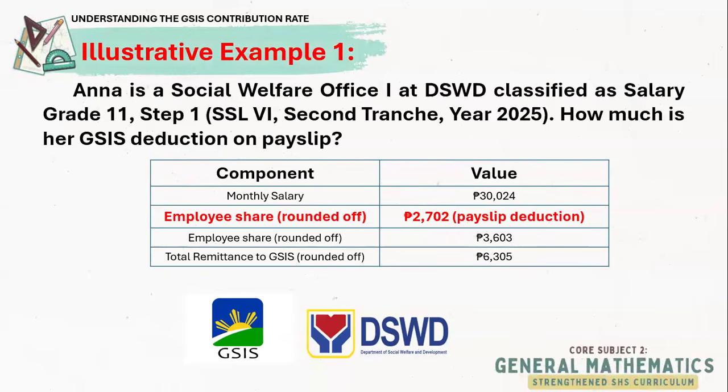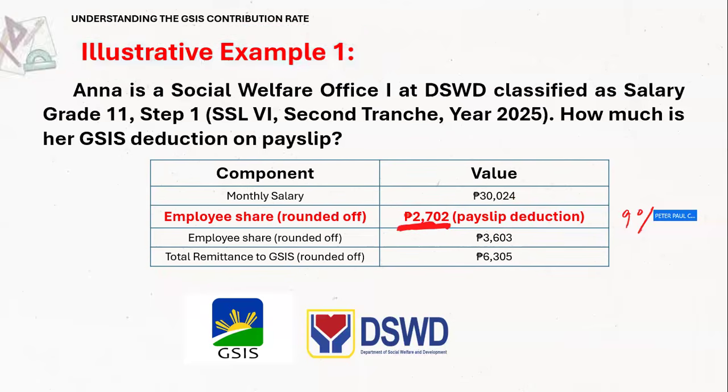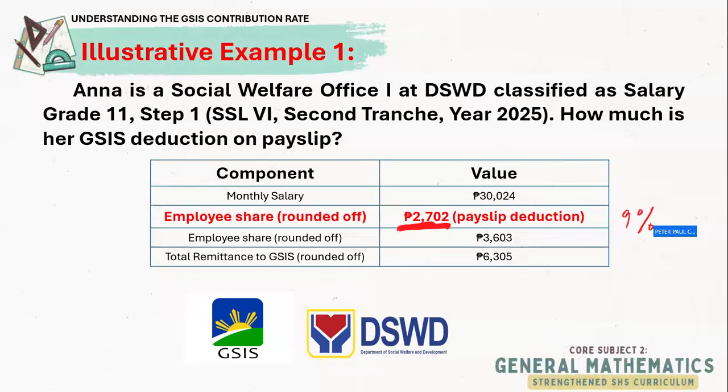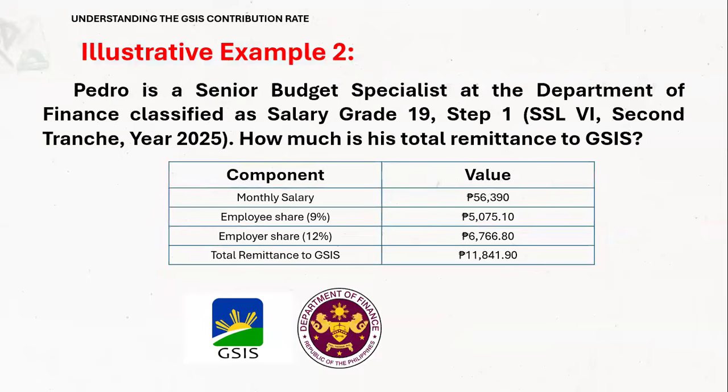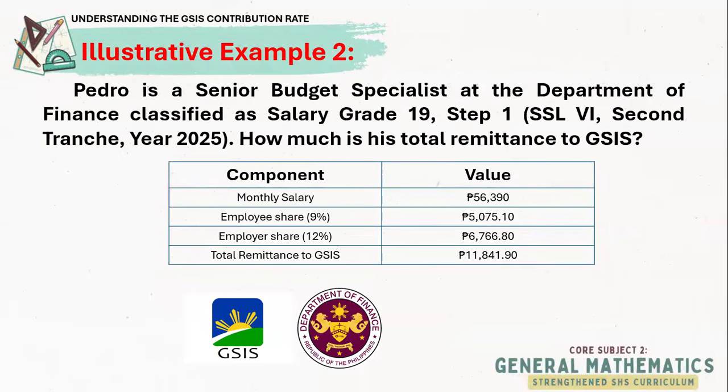That's why these are now the rounded off numbers. So you will not be seeing these shares on your payslip, but this is what will appear on the payslip deduction of a government employee. So it's the rounded off employee share, which is equivalent to 9%. Okay? Any question?